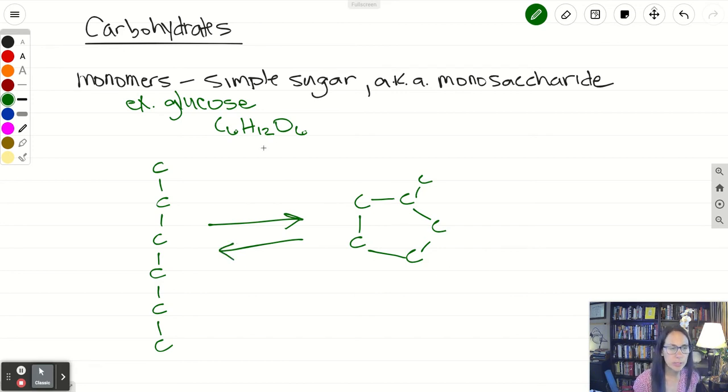Okay, and so I'm only drawing the carbons, but there are also oxygens and hydrogens attached to all this. Let me show you a picture of what one looks like.